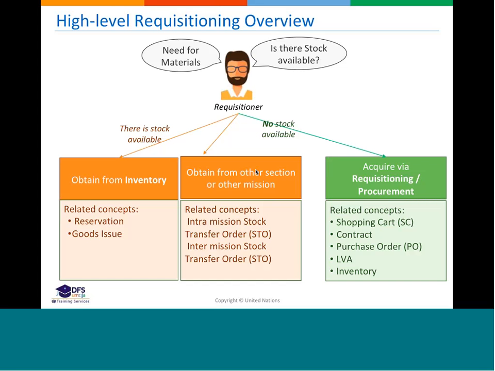So what you need to do is basically to issue them from inventory and charge the project. Also, Umoja offers you the possibility of running reports and to request these materials from other storage locations or from other missions by using an STO document.